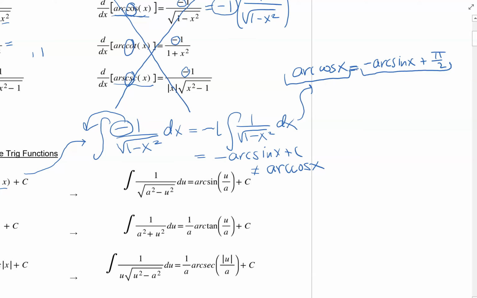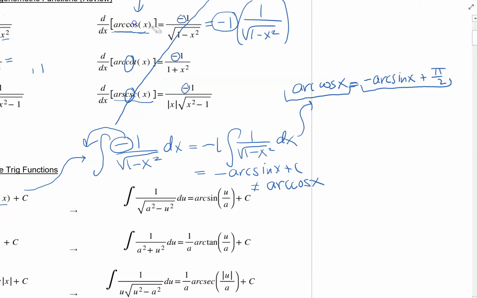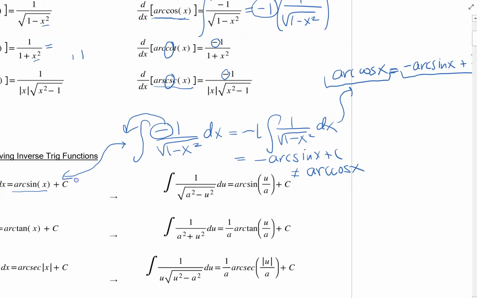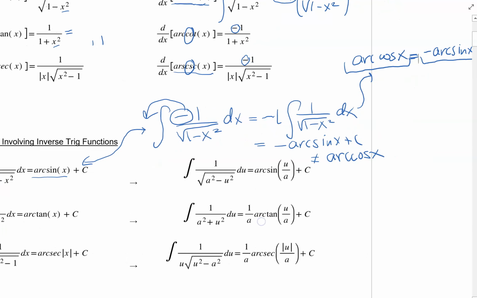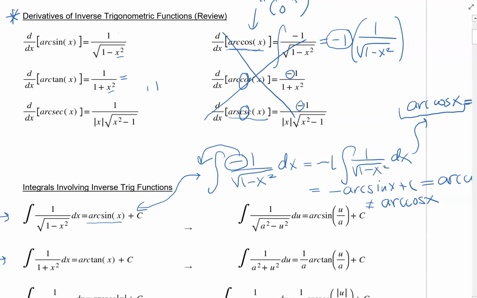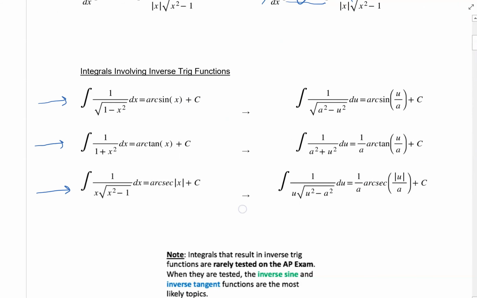So actually, if I integrated the derivative of arc cosine, negative 1 over the square root of 1 minus x squared, using this formula, which says pull the negative out and just think of that as the derivative of arc sine, and I got that the answer is negative arc sine plus c, that actually is equal to arc cosine. So I don't need to use these formulas when I'm integrating. And the same would be true of arc cotangent and arc cosecant.